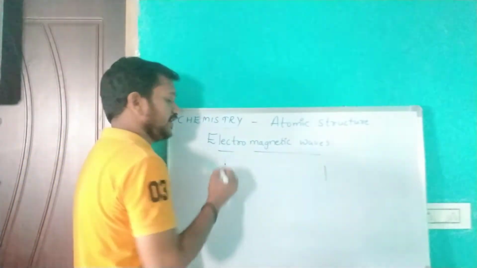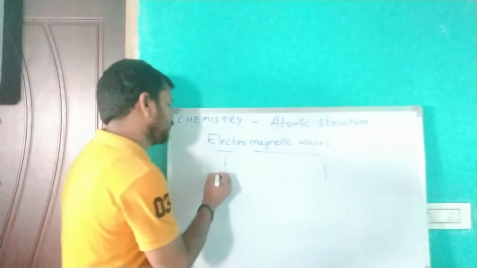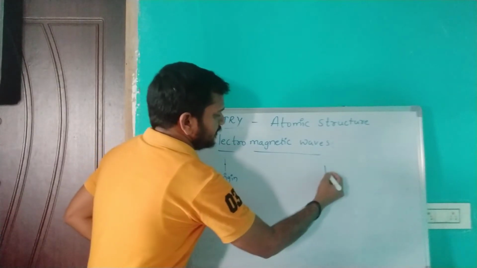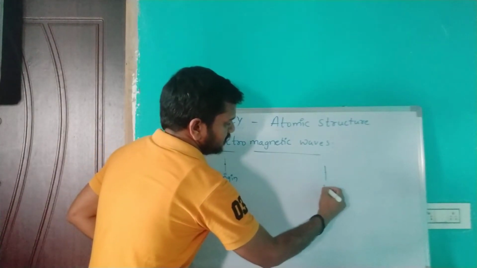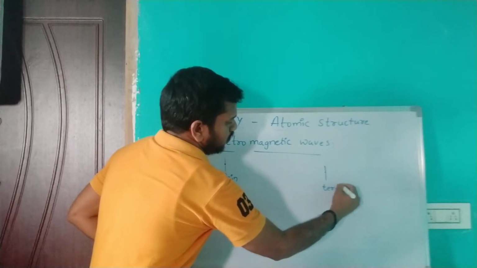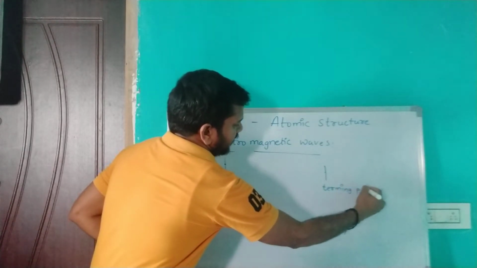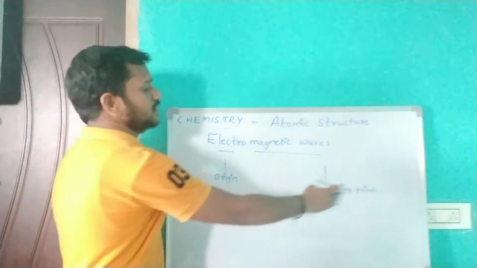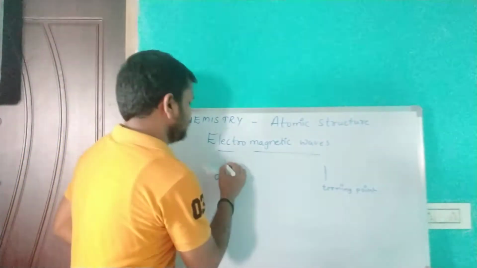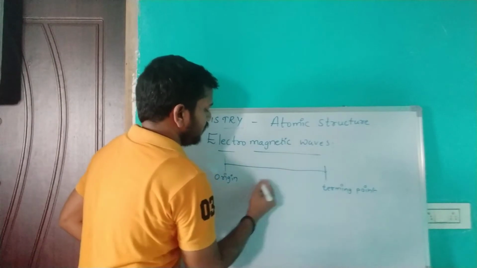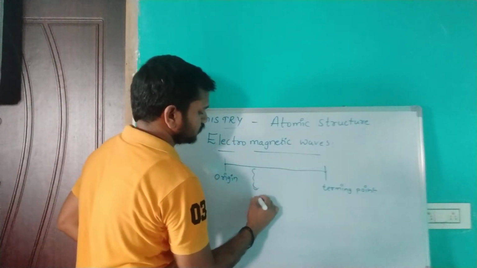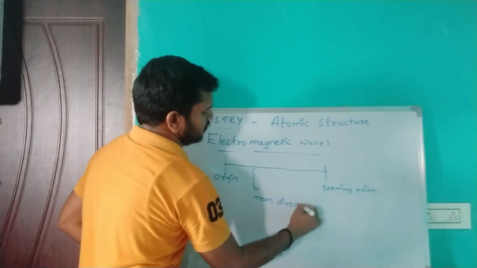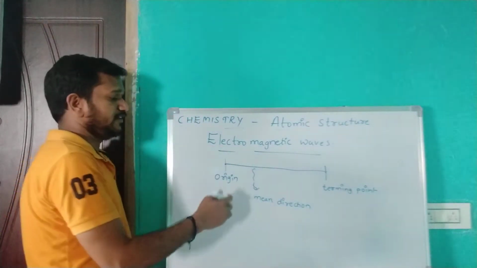Generally, the electromagnetic wave is present between two points. The first point is the origin, and the second point is the terminating point, and these represent the mean direction from which the wave is moving.